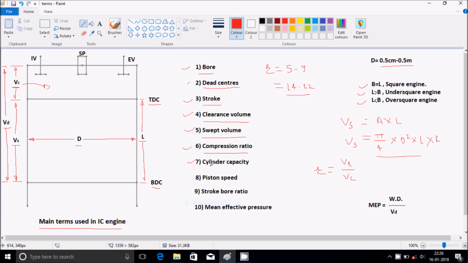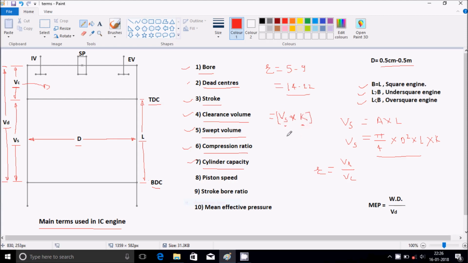Next is the cylinder capacity. It is also called the cubic capacity of the engine. It is the basis for the comparison of different engine sizes. Cylinder capacity can be calculated by knowing the swept volume for a cylinder, that is V S, multiplying it with the number of cylinders, that is K. So here we have to take swept volume of each cylinder and then multiply it with the number of cylinders.